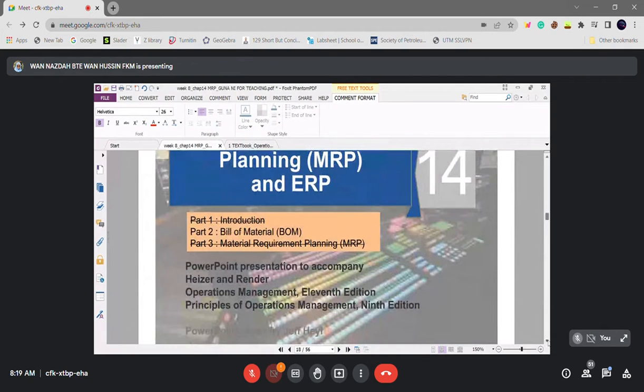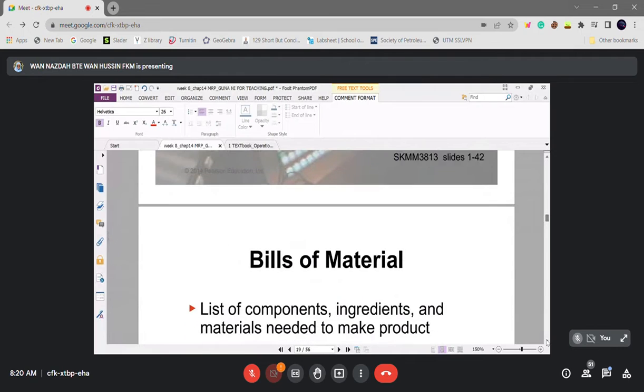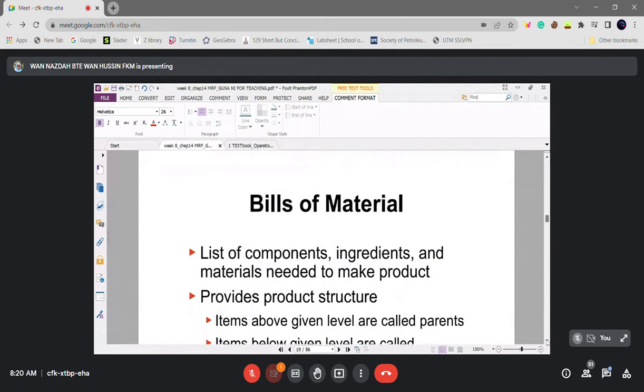Alright, so next is the bill of material. After you have constructed the master production schedule and the aggregate plan, where you have the number of demands by your customer, what you really need to prepare next is the bill of material. The bill of material gives you the list of components for the product. For example, you want to have the amplifier product.